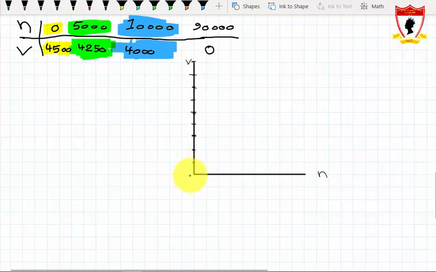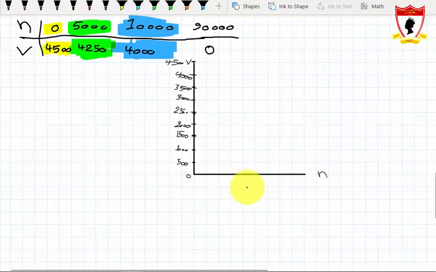The V is going by 500. First one is 0 is here, then 500, 1000, 1500, 2000, 2500, 3000, 3500, 4000, and finally 4500.